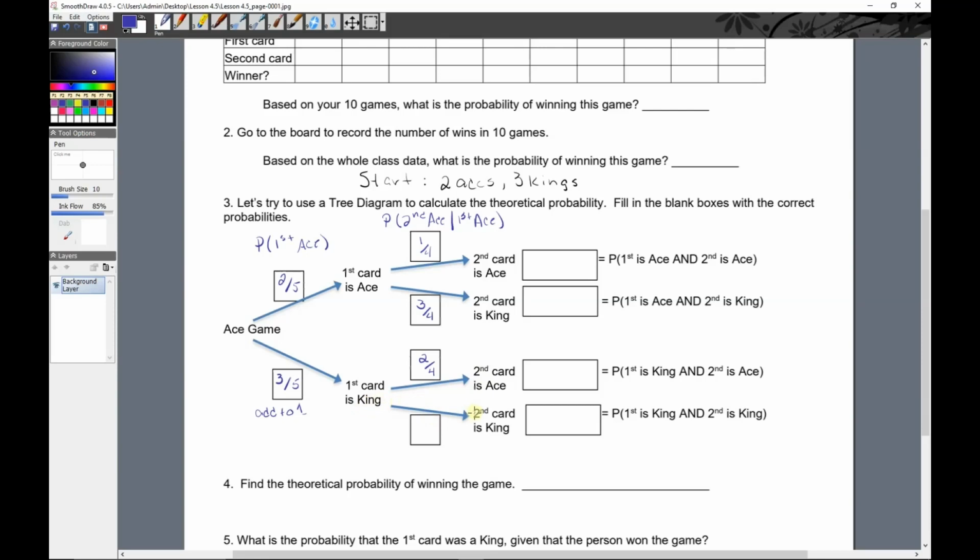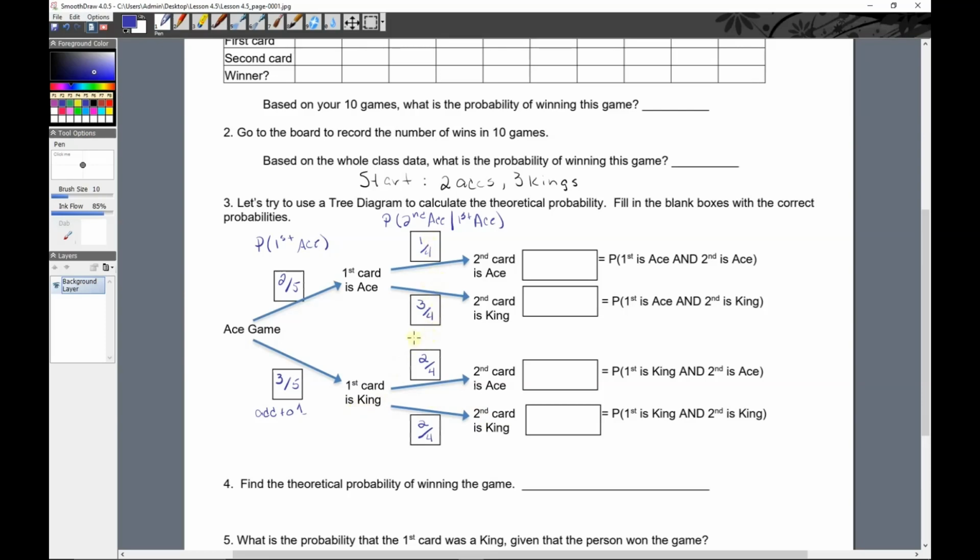And let's just say instead of going that way, we go this way. The second card is a king, given that the first is a king. We have 4 cards left over. Remember, we picked one here. And we picked one of the kings, so that leaves 2 kings left over. So this is the probability that the second card was a king, given that the first card was a king.